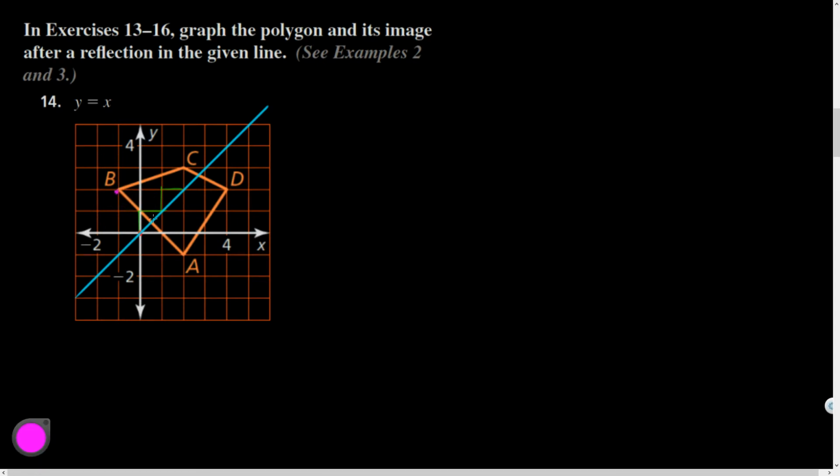So let's see. I guess I'll start with A. A is 1.5 diagonal units away from the line perpendicular to it, so 1.5 units. Actually, A is going to be mapped right onto where old B was, and I'm guessing the same thing will happen to B, so B prime is going to be where A was.